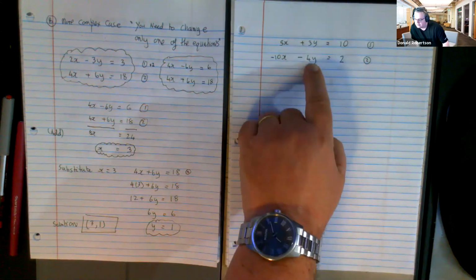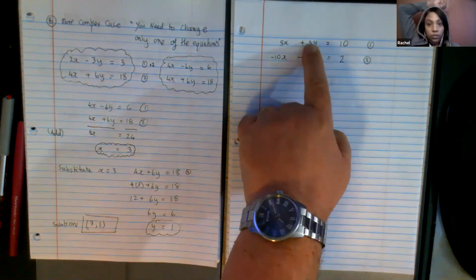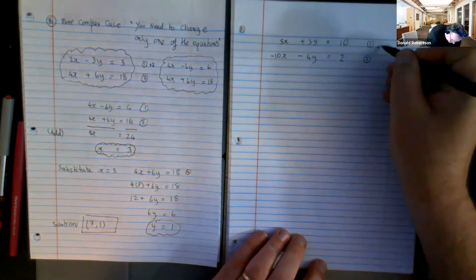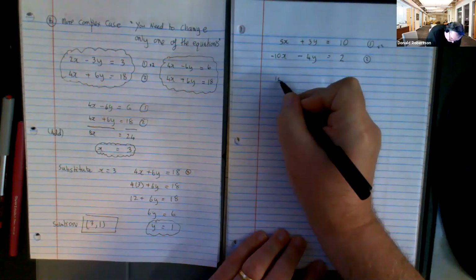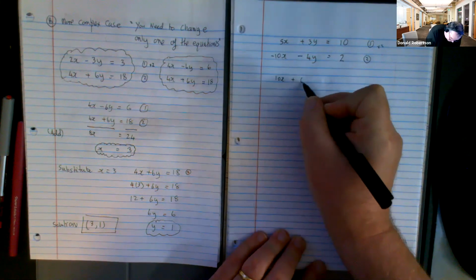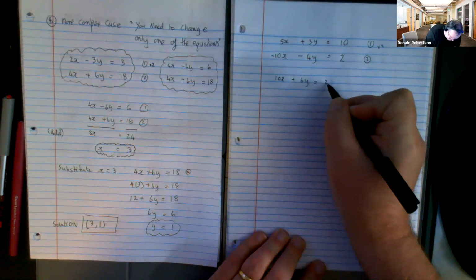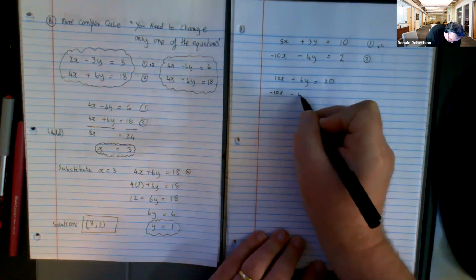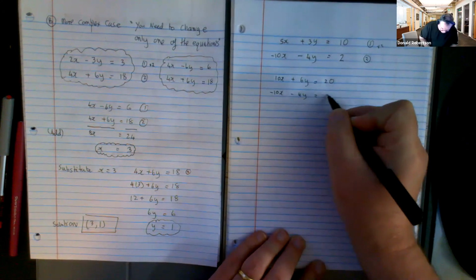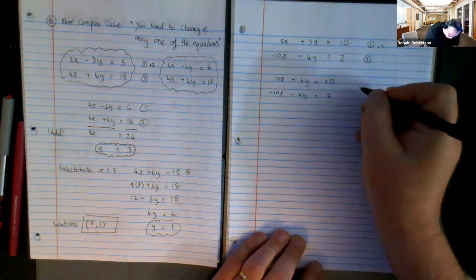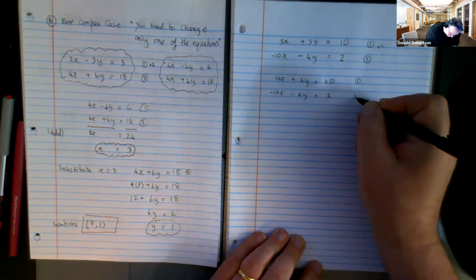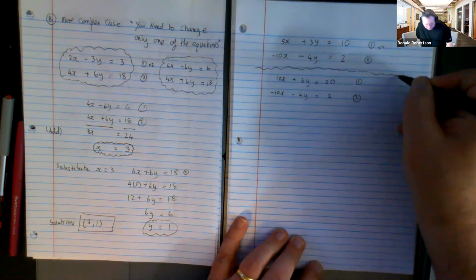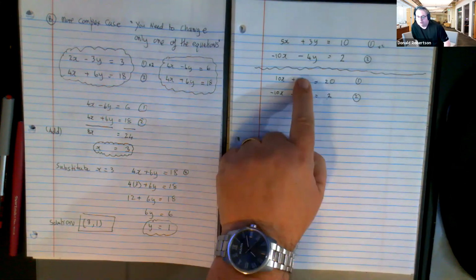So multiply it by 2. And so what you've got is 10x add 6y equals 20. Don't do anything to the other equation because in this particular world, only one of the equations needs to be changed. So I'll do a little squiggly line so that we can separate that. Now we're going to solve this system of equations instead.